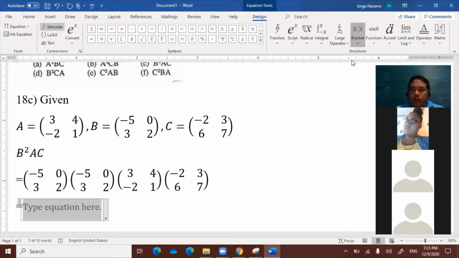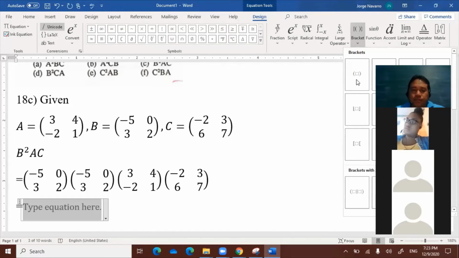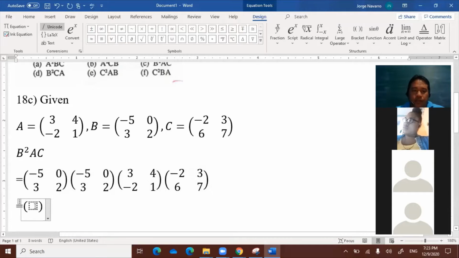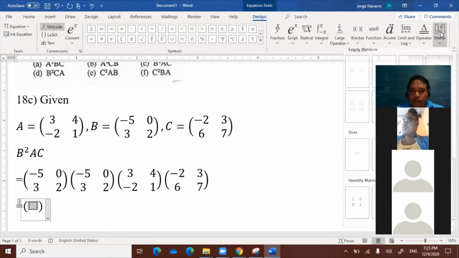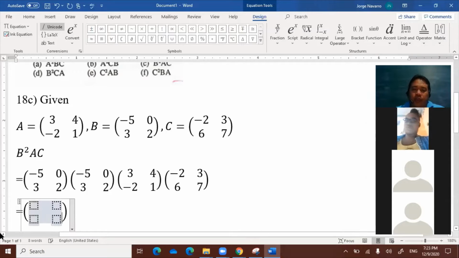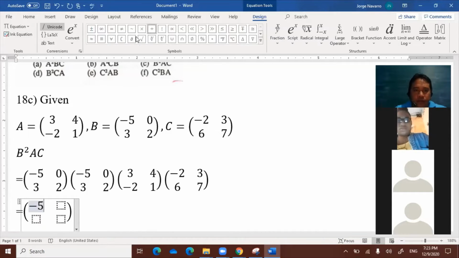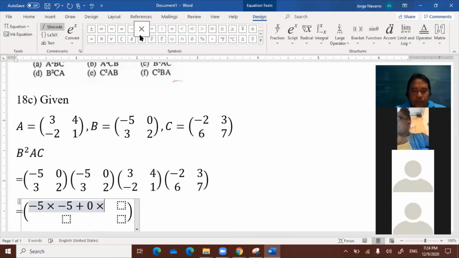So let me start with a bracket. Then we put the matrix. This first one is for B squared. So we'll see, all right, -5 times -5 plus 0 times 3.